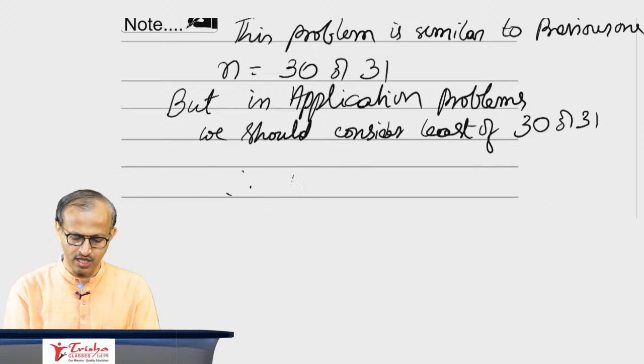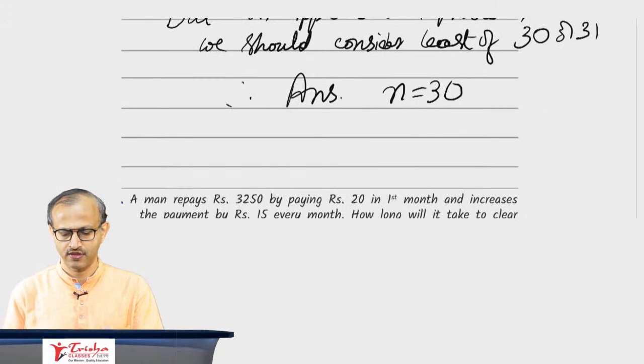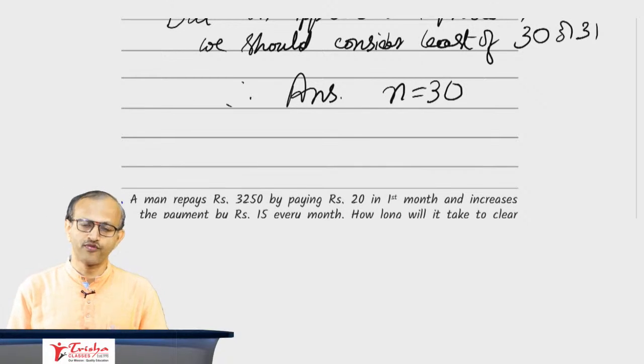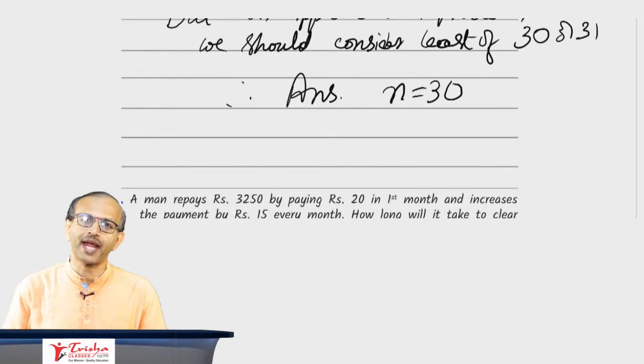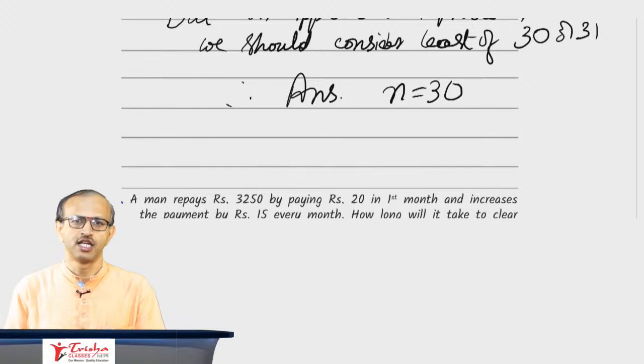Therefore, the answer is N equal to 30. If you solve, you will get both 30 or 31. Practically, in an application problem, there cannot be two answers. There has to be one answer. Though both are positive, you have to choose the least.